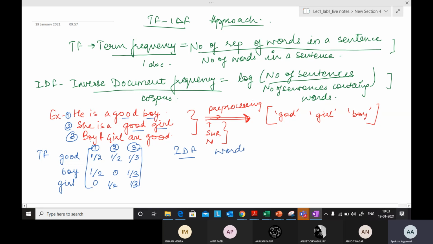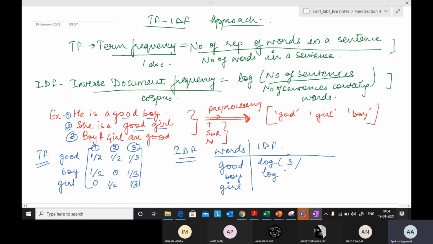Similarly, we calculate IDF. We have generated the matrix for term frequency, and we'll generate a matrix for IDF as well. Again we have 3 words: good, boy, girl, right? And we want to know its presence across the corpus. So IDF is calculated as log of the number of sentences, so log of 3, divided by the number of sentences containing the word.